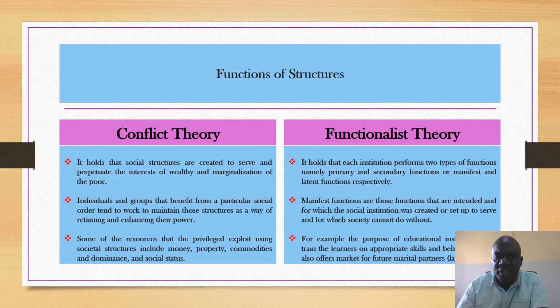So according to functionalism, structures of societies are specialized in the performance of certain functions. And in doing so, they are out to ensure that society progresses rather than regresses. So that's also a key similarity between the functionalism and the conflict theory.